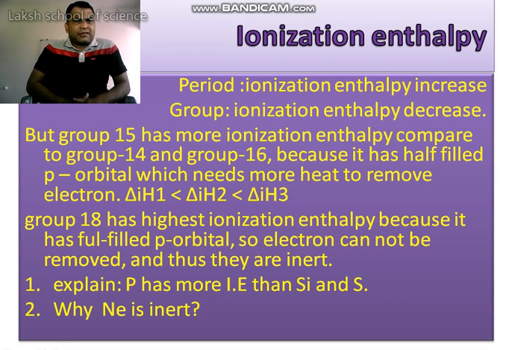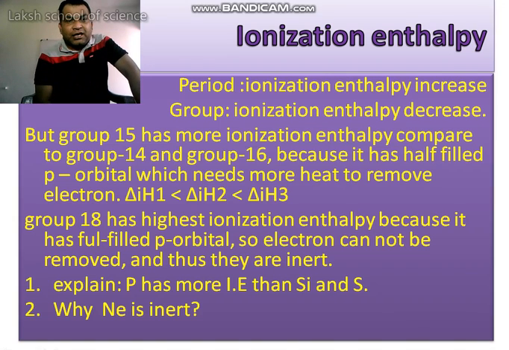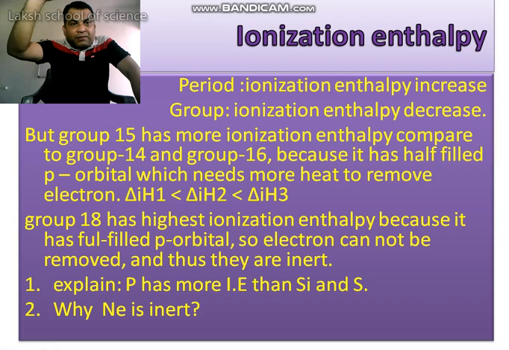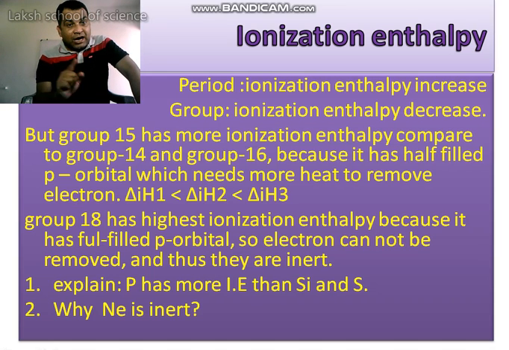Second, it depends on the electronic configuration. If the electronic configuration is half filled or fully filled, then it is difficult to take out an electron from them, and that's why ionization enthalpy will be increased. So that's why in a period ionization enthalpy increases, because when we move left to right, the radius is going to decrease, and that's why ionization enthalpy increases.